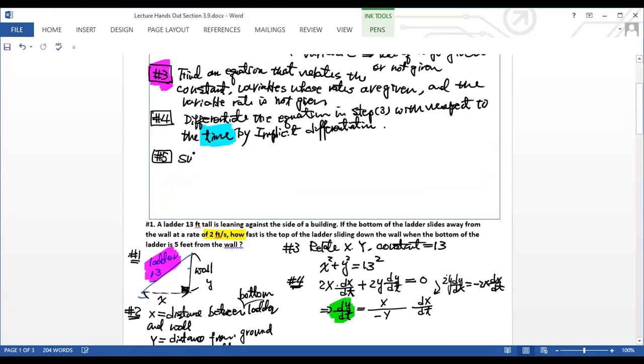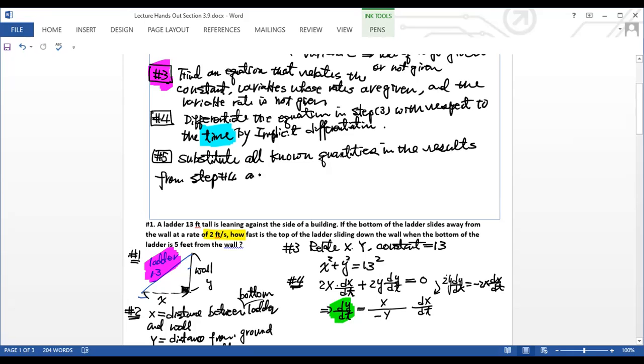Let's substitute all the known quantities in the result from step number 4, and solve for the unknown.